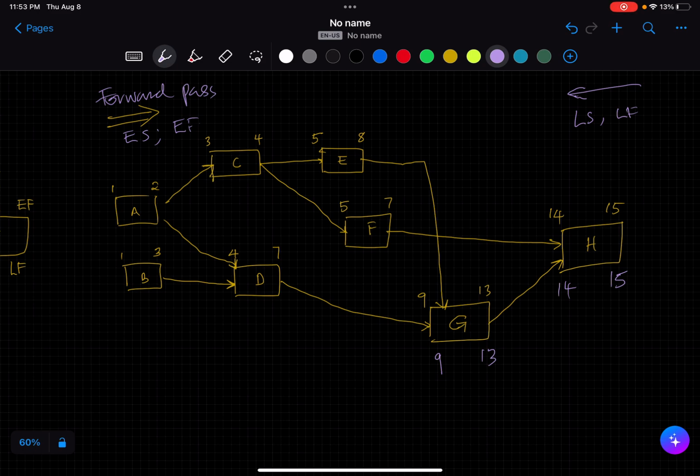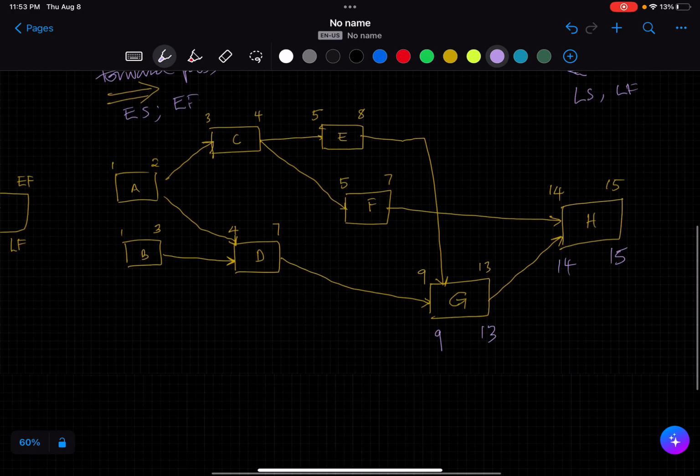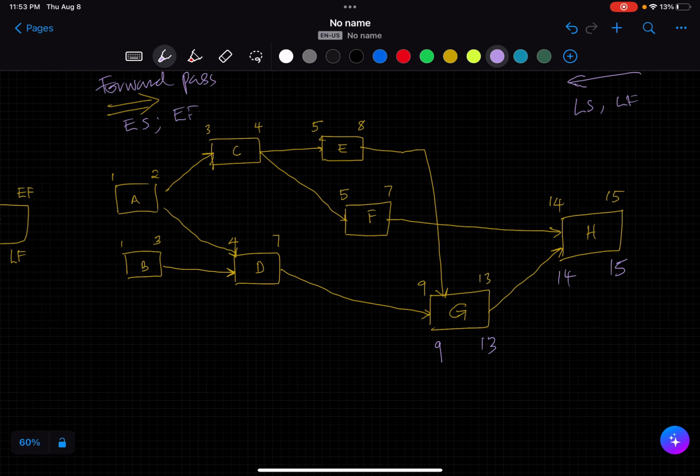Similarly, if we come here to F, so when we're doing our reverse pass, we are looking at all of the inputs into the activity. We are taking steps back into the predecessor activity. H has two predecessors, G and F. So we've been able to step into G and seen that the latest start and latest finish are 9 and 13 respectively.